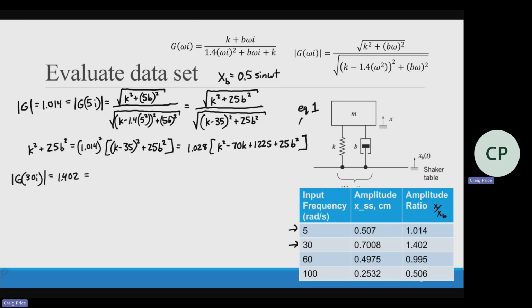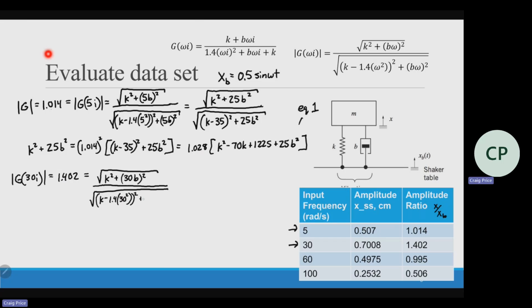I've got that large output, and I'm going to use that same equation up at the top. It's going to be k squared plus, now I'm going to have 30b squared. We're going to have k minus 1.4 times 30 squared.